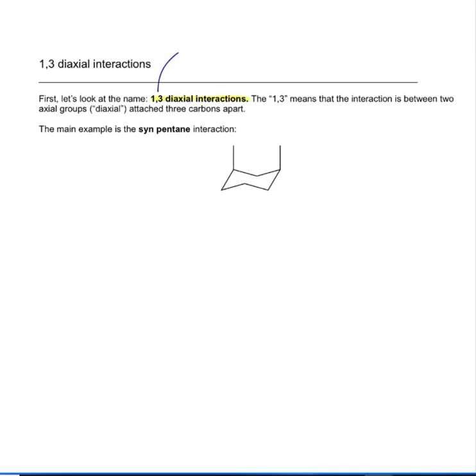1,3 means that you have two groups and they're attached 3 carbons away from each other. So if you have a 1,3 pattern in a molecule, you're referring to two groups that are 3 carbons away.